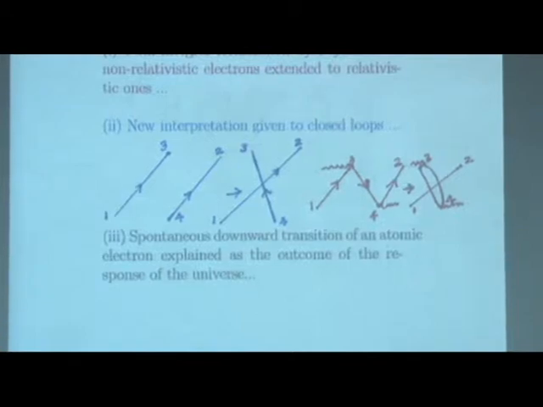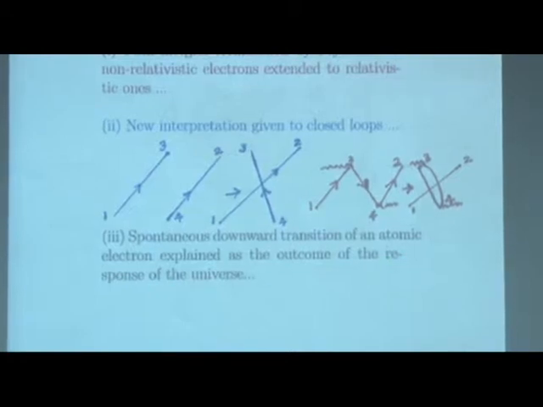And as I said earlier, the spontaneous downward transition of an atomic electron is explained as the outcome of the response of the universe.